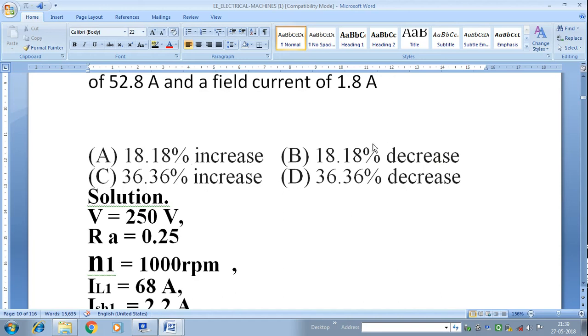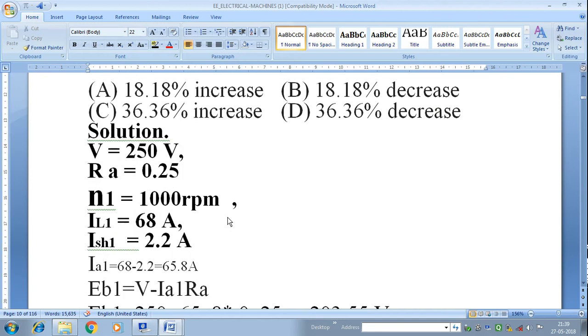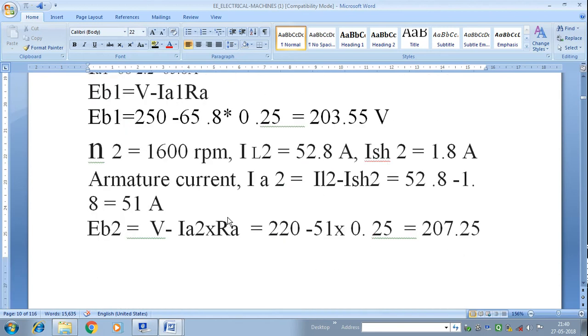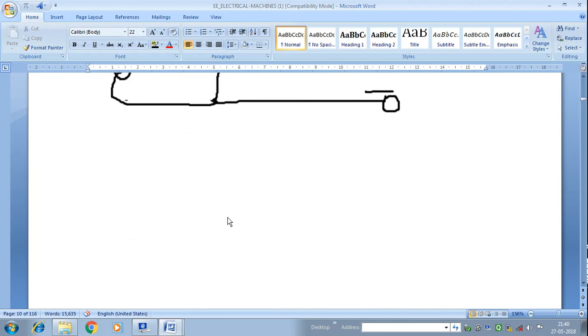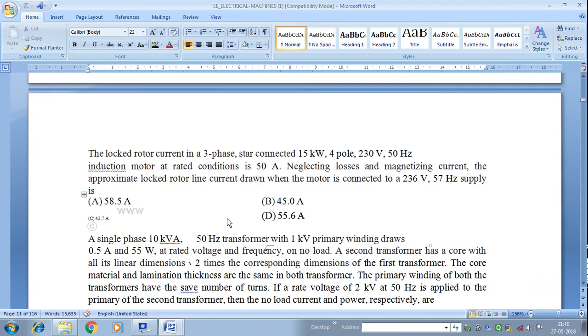You should not be confused, there is some printing mistake. Either A or B has different values, and this one also has a different value. The two may not be the same. Therefore, the answer is 36% or 36.36% approximately. So let us see the next question.